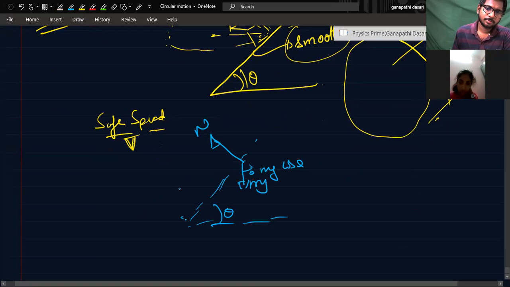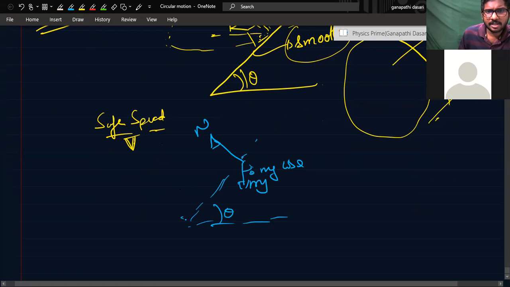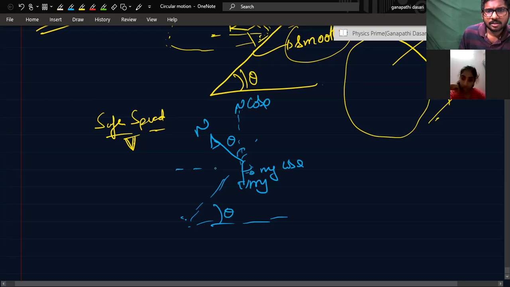I can solve in a number of ways, resolving mg into mg cos theta and mg sin theta also. But you see, this is theta, this will be theta, and this will become N cos theta. This will become N sin theta. I'm resolving the normal reaction here. You can resolve mg also. It's not a problem. You'll get the answer.